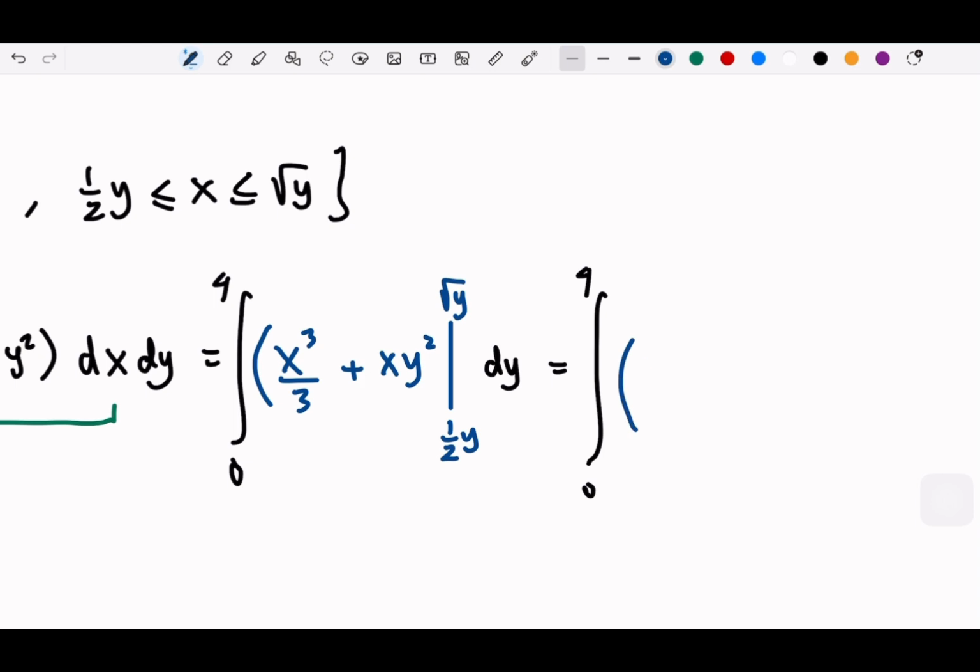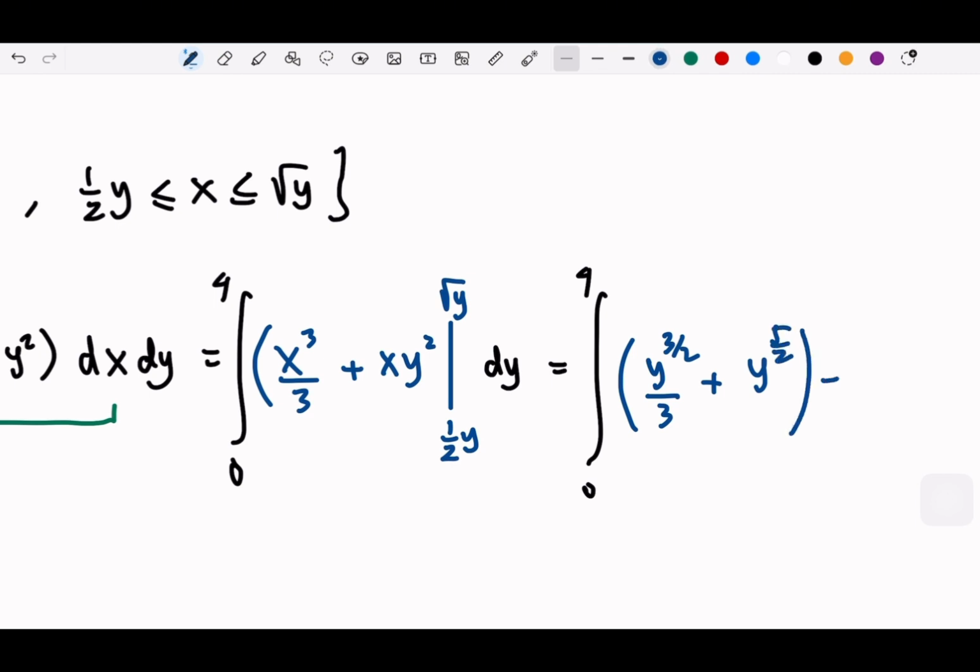So we have y to the 3 over 2 over 3 plus x y squared, so y half and y squared, so it will be 5 over 2, right? 5 over 2.